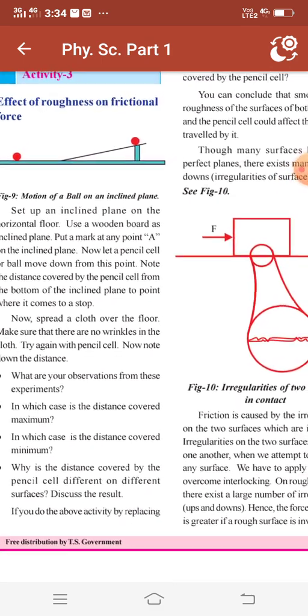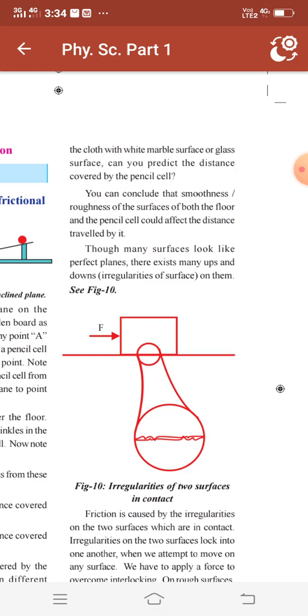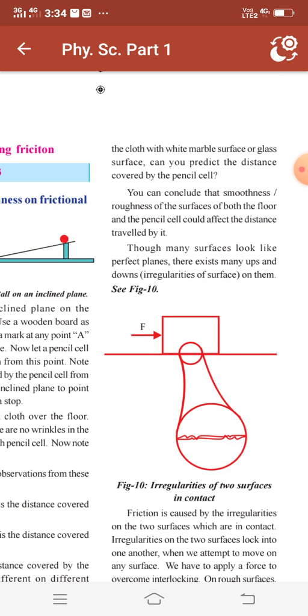If you do the above activity by replacing the cloth with marble or glass surfaces, can you predict the distance covered by the pencil cell? Yes, you can conclude that the smoothness or roughness of the surfaces of both the floor and the pencil cell could affect the distance travelled by it.